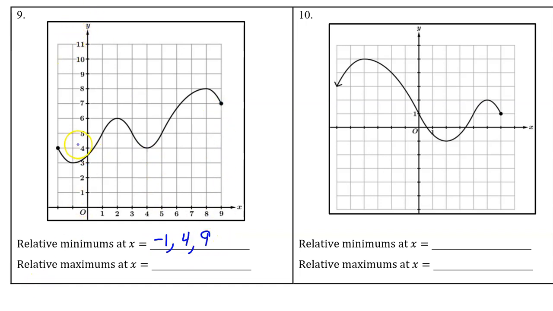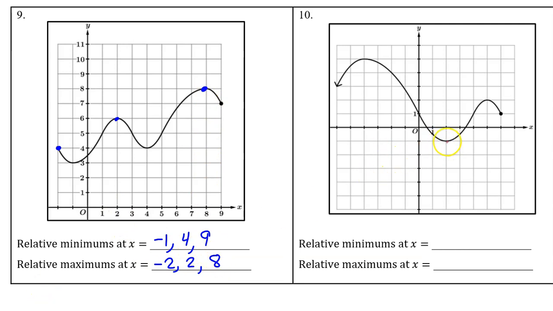Similarly, we have relative maxima here, here, and here. That endpoint counts. So that's at x equals -2, +2, and 8.